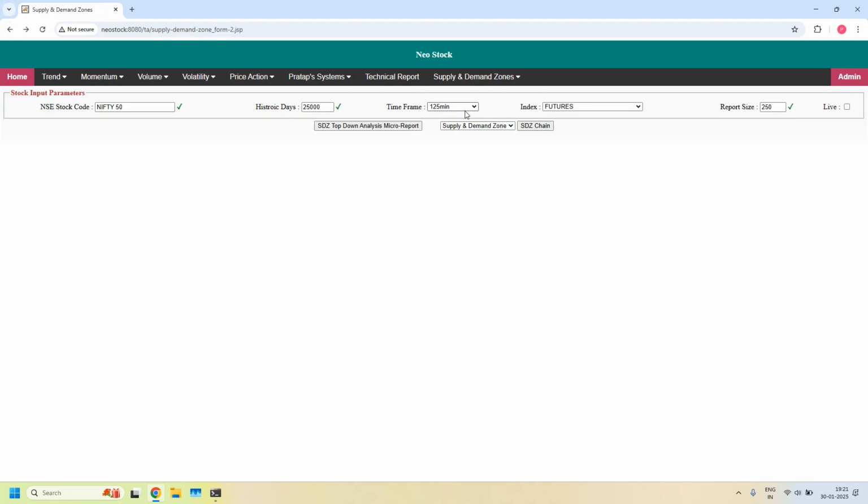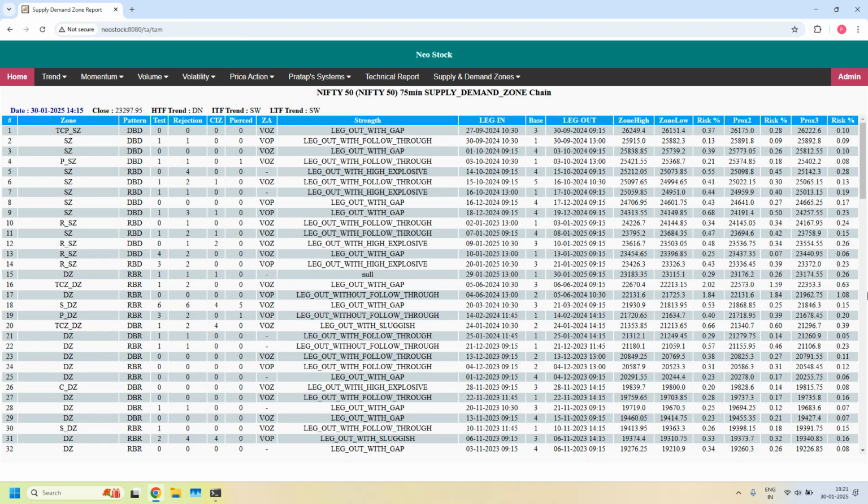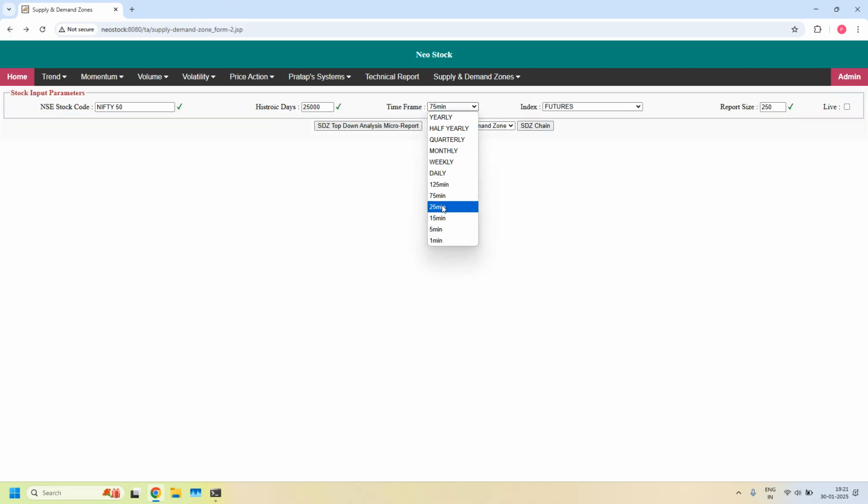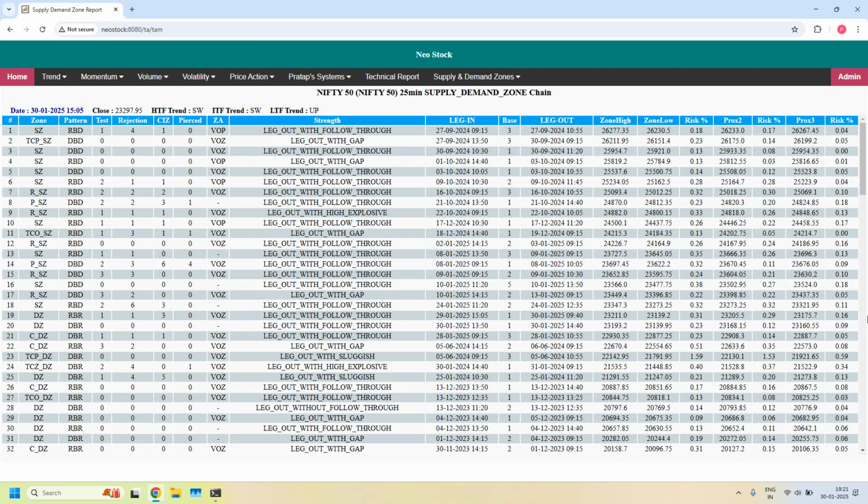Next, 75-minute supply demand zone chain for Nifty. Next, 25-minute supply demand zone chain for Nifty. So this is the nearest demand zone to the current price.